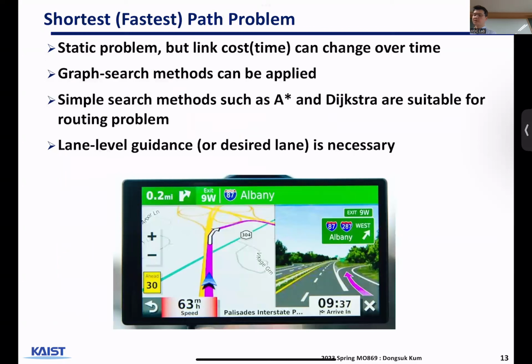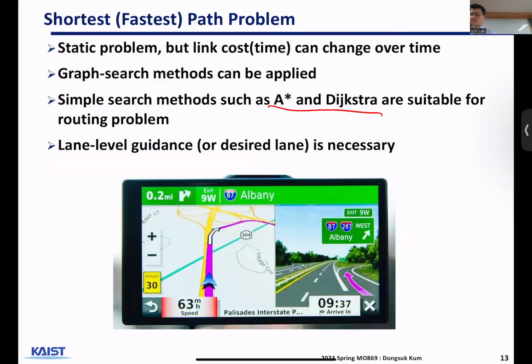We will talk more about the search algorithms in the following lectures, but A* and Dijkstra are probably the most widely used algorithms. The shortest path problem is a static problem, but the link cost can change over time.